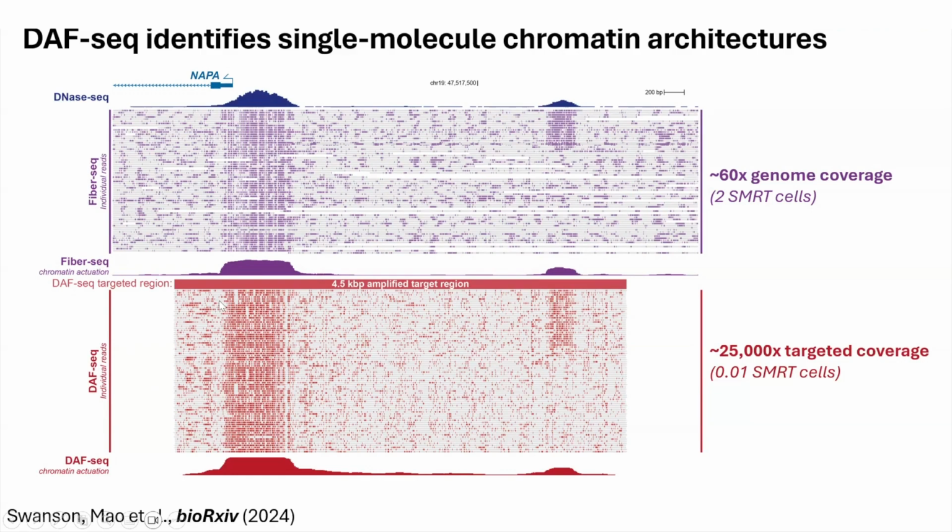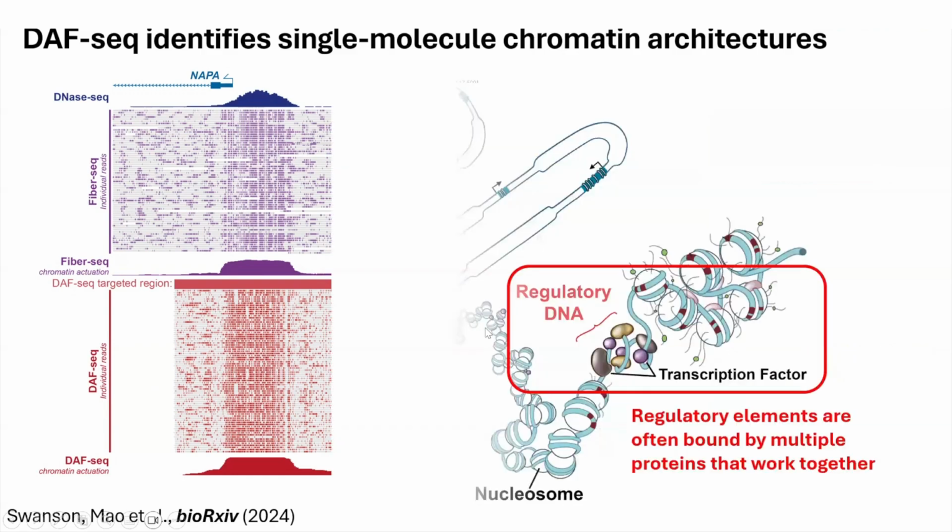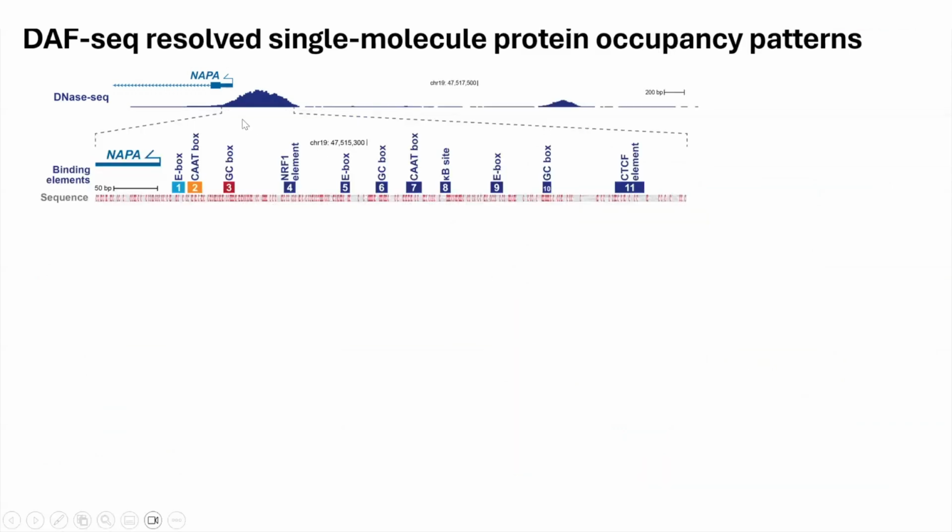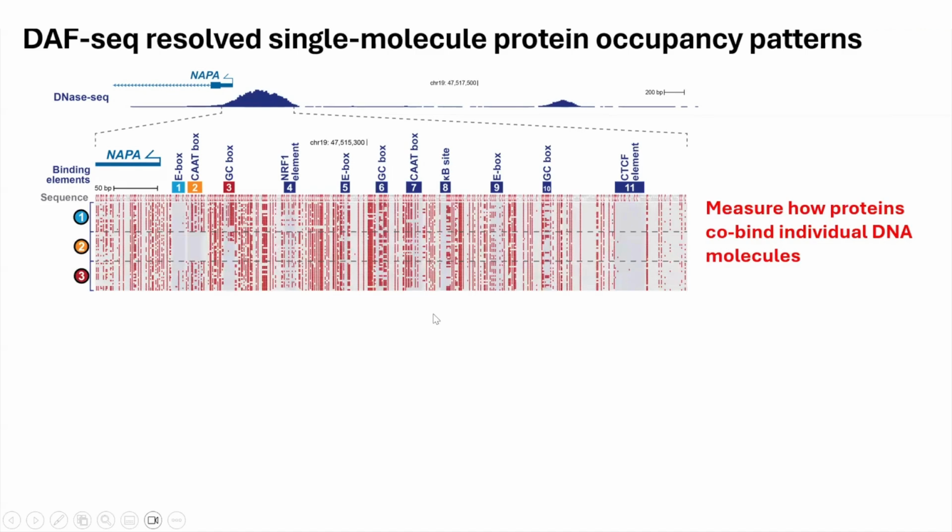Another big advantage is that, as you can see from this earlier depiction I showed you, these regulatory elements are often bound by multiple proteins, and the co-occupancy of these multiple proteins is essential for determining how the regulatory element will function within the cell. When we look at the sequence and the architecture of these individual molecules within the promoter, we can identify how these proteins are co-occupying.